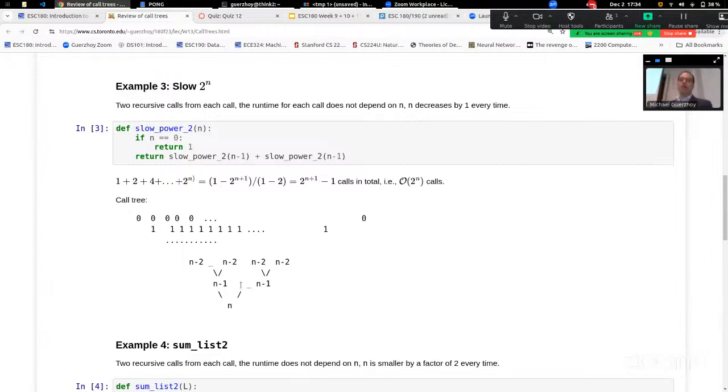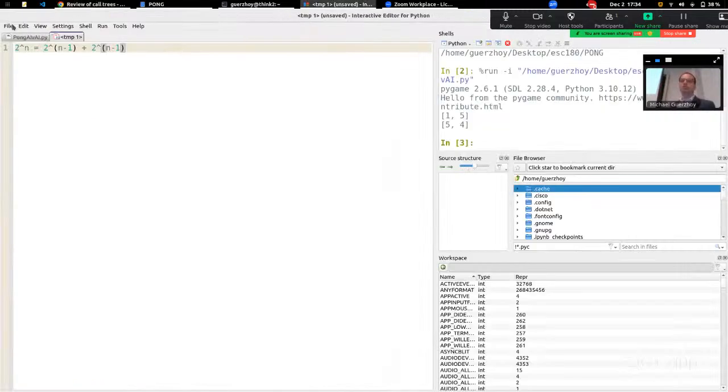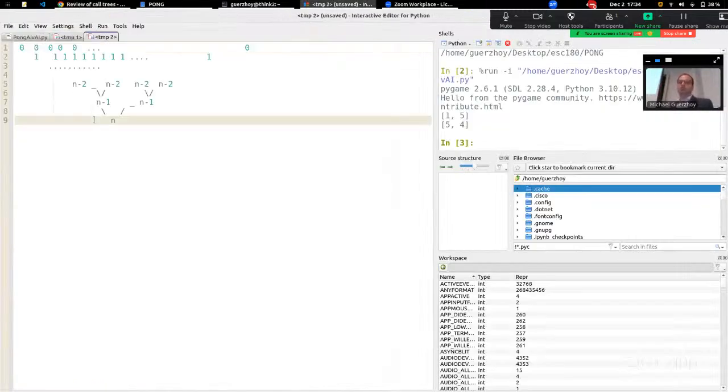The trick here is to look at this tree and count up the number of calls by levels. So we have 1 call here on this level, and we have 2 calls here on this level. How many on this level? Who can count to 4?